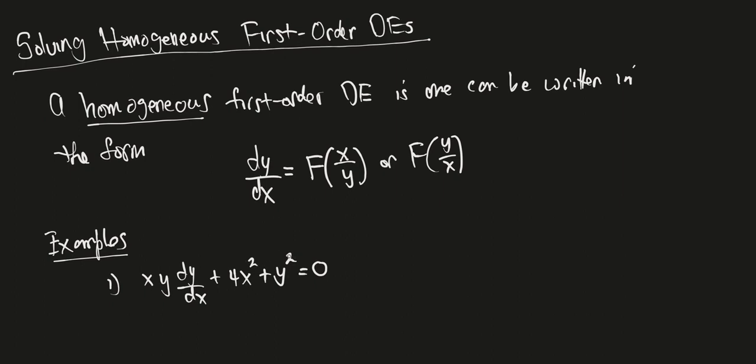The more obvious one is the fact that our dependent variable y is being squared. But a less obvious one is that we have y multiplying dy dx. That can't happen. At most, what we can have is only an x function multiplying dy dx. So there are two reasons here why this differential equation is not linear.